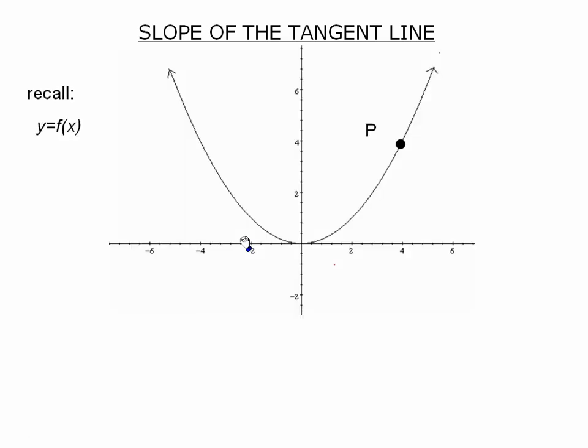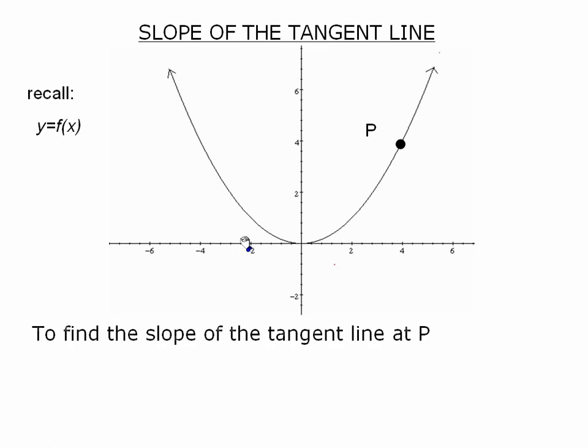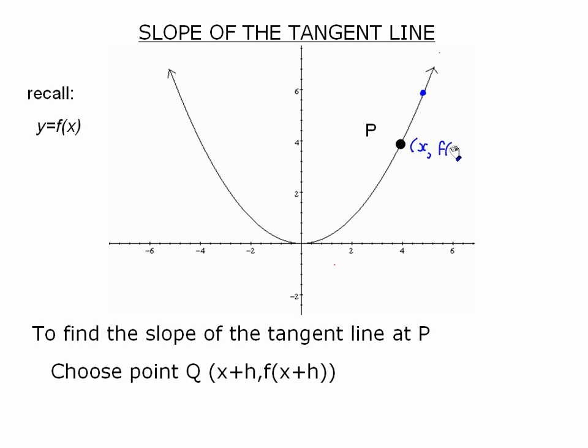So just to refresh our memory, if we looked at any function, such as this quadratic, and we note point P, any point P really, if you want to find the slope of the tangent line at point P, the general method we have been working with is we pick another point Q. Point P has coordinates x, comma, f at x.